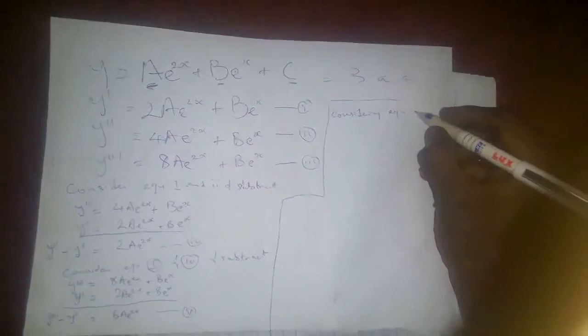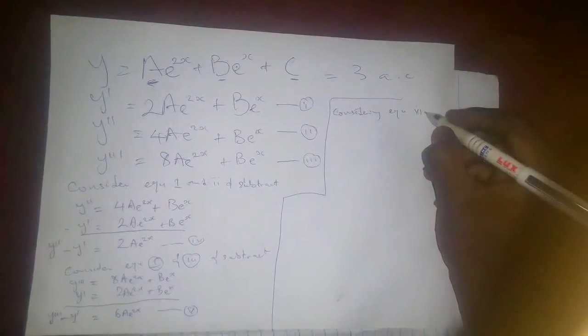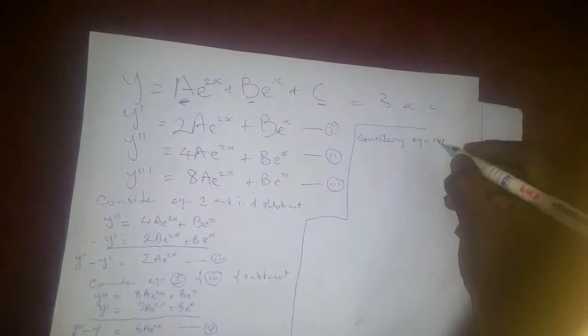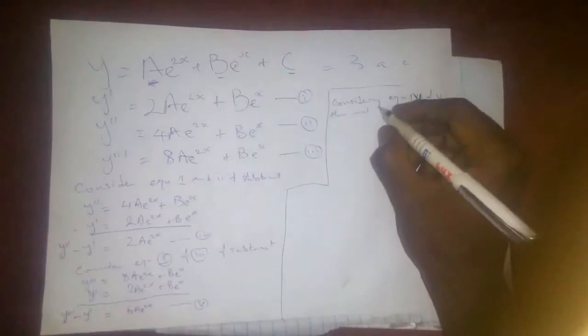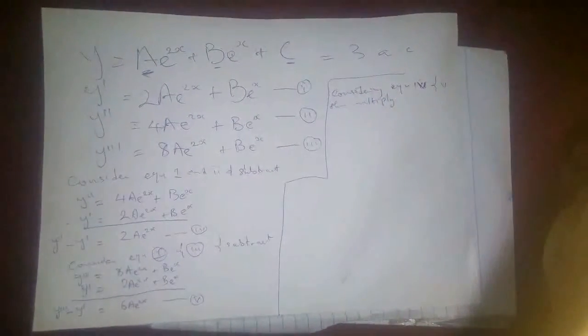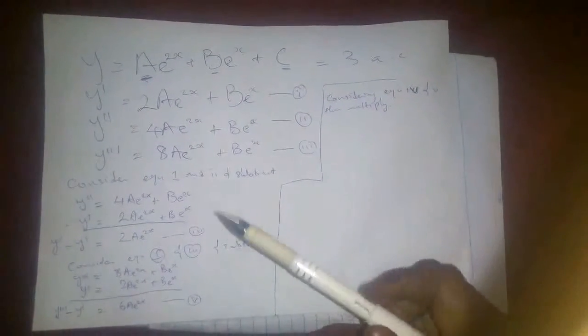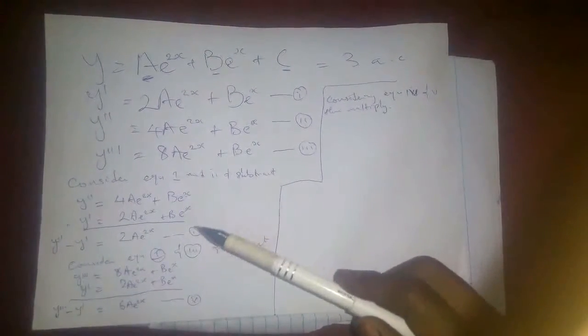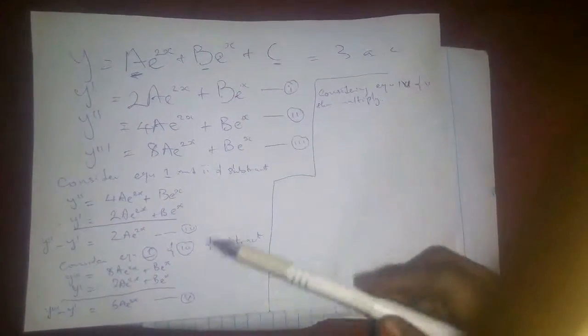We will multiply. That's you considering the equation 4, and we'll come down to equation 5. We'll consider both of them.